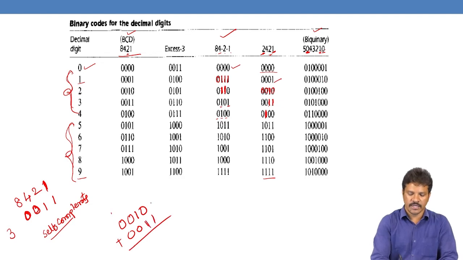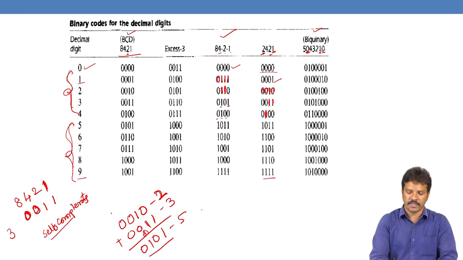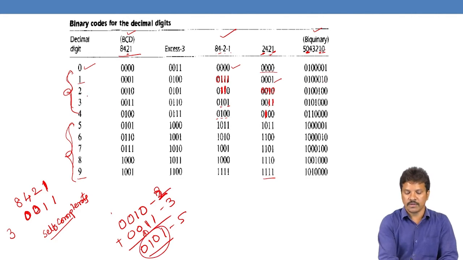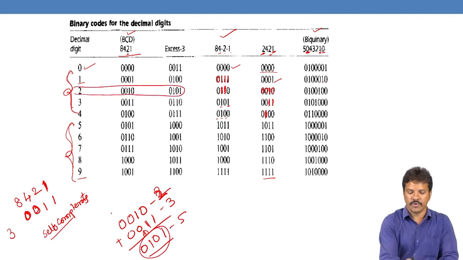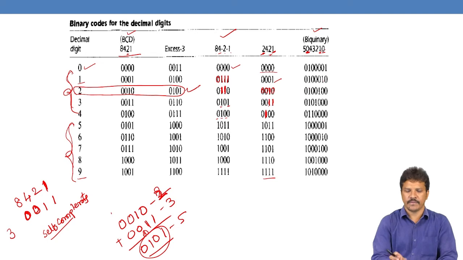Here 2 in binary is 0010, and we just add 3. 10 plus 11, 1 plus 1 is 0 with carry 1, and we get 101, which in decimal is 5. So the XS3 code for 2 is 0101.